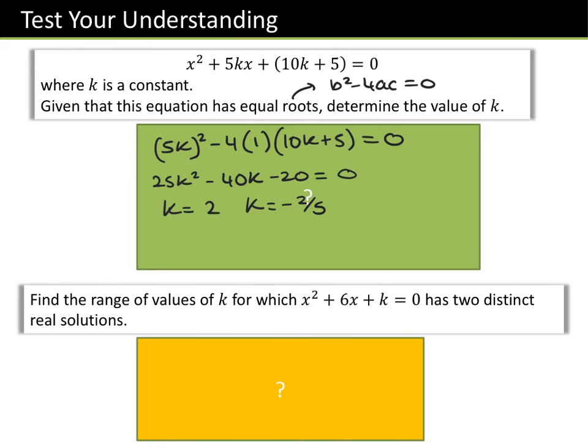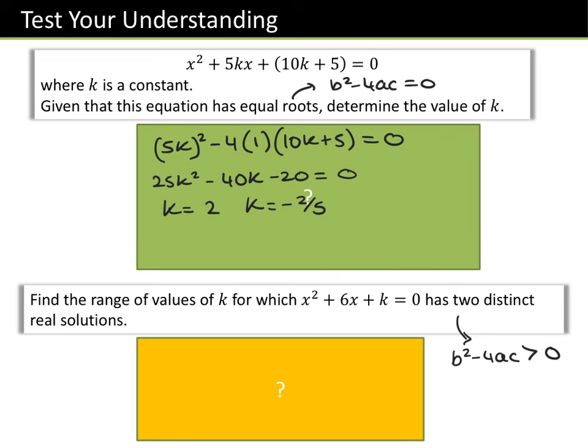Right, the next one's slightly different, and this is why it's covered in orange, because some of you may or may not know the answer to this. Find the range of values of k for which x squared plus 6x plus k equals 0 has 2 distinct solutions. If it has 2 solutions, b squared minus 4ac is greater than 0. We've just written down those rules.